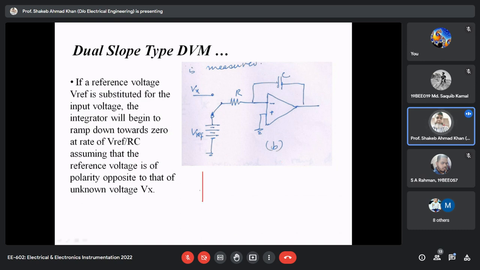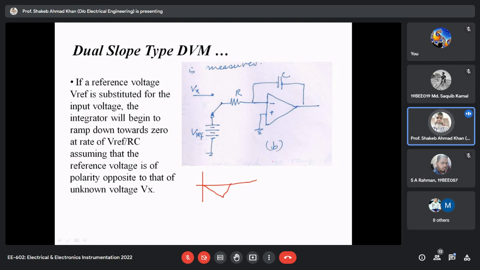Suppose your input voltage is positive, so we will have a ramp down voltage when the unknown voltage is connected. And then obviously when this is positive, then reference voltage will be negative, and it will remain connected to it till your voltage reaches zero.